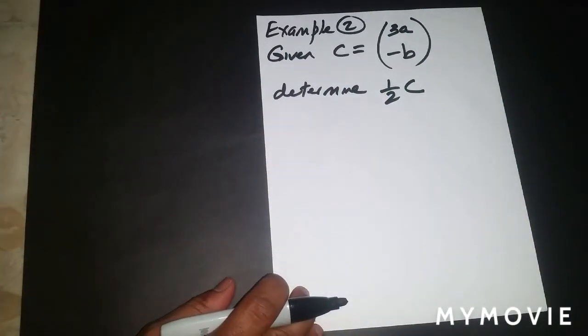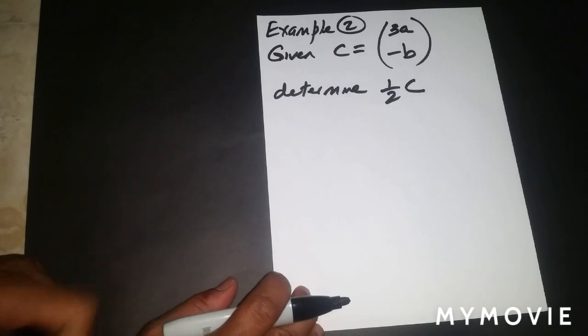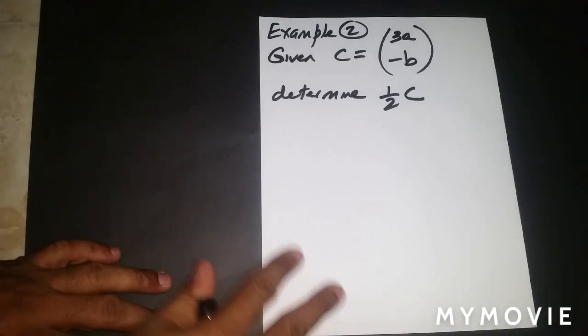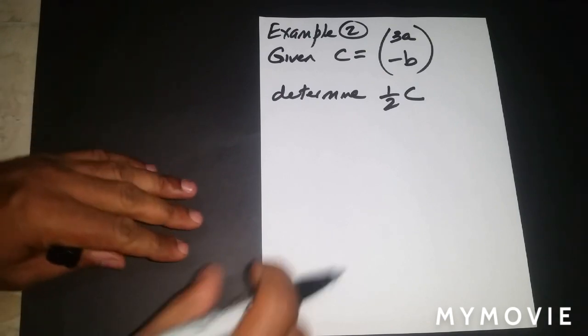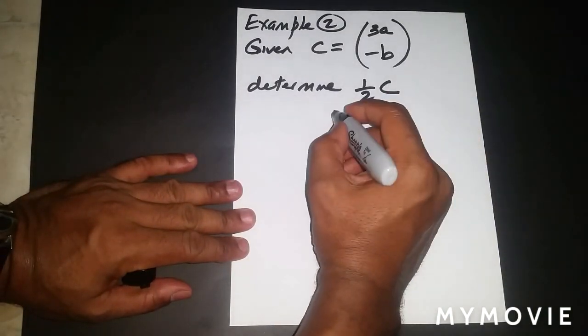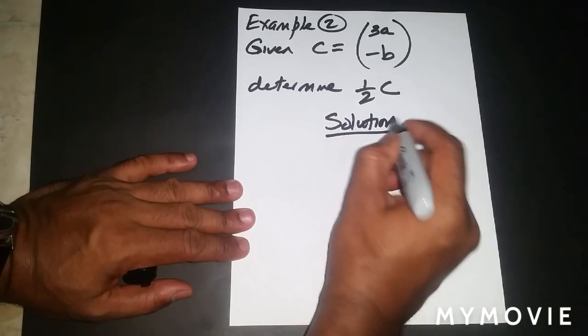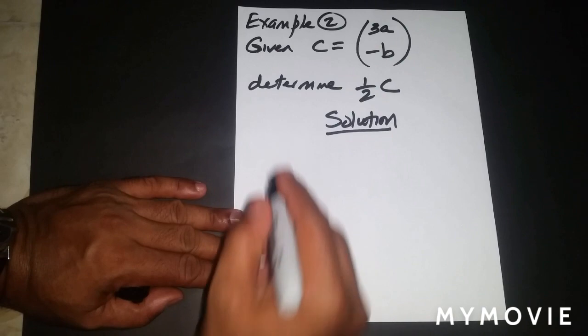Here we have a matrix called C, and obviously that is a 2 by 1 matrix, and we're asked to determine a half C. So it simply means we're going to multiply matrix C by a half, and all elements inside matrix C will be multiplied by a half.